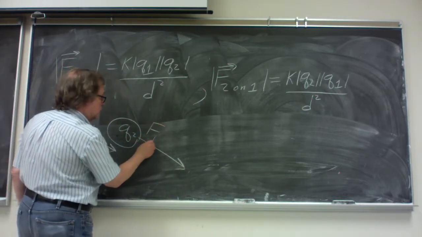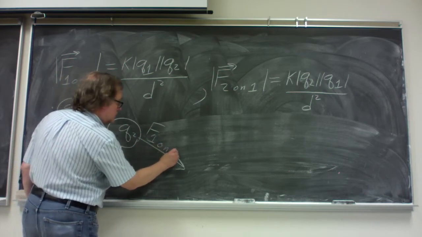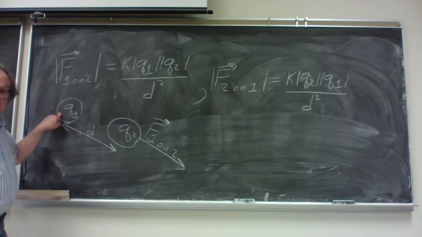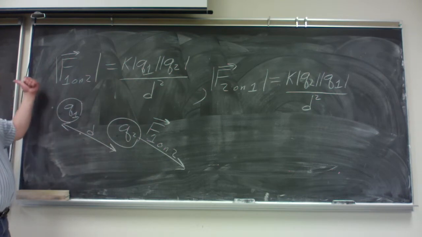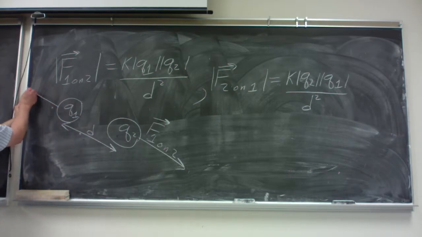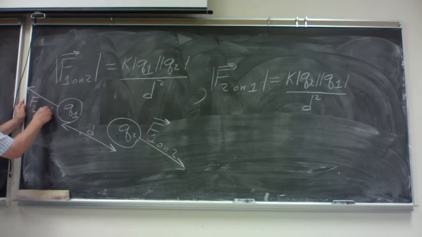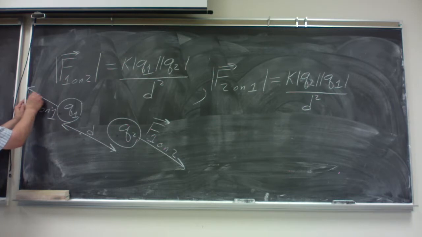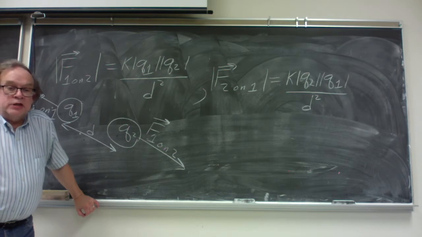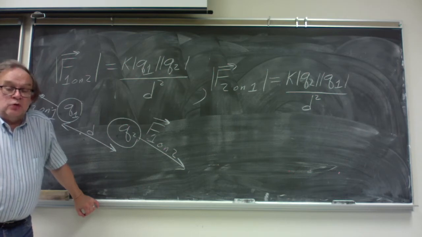So there's the force from 1 on 2. And then 1 feels a force from 2 pushing it straight away from 2. So there's the force from 2 on 1.